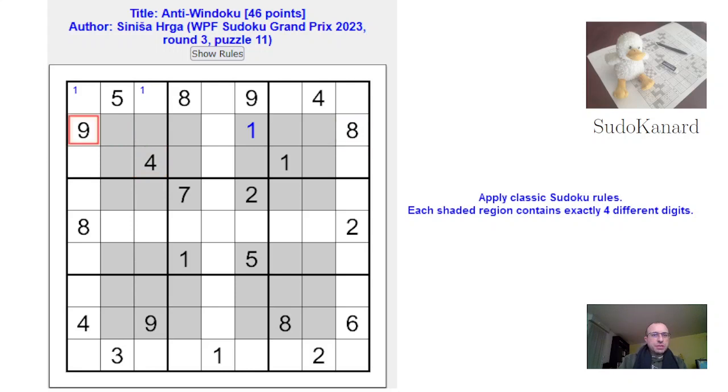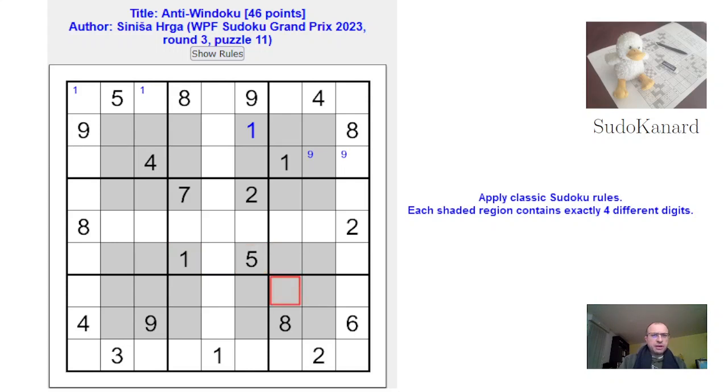We can also see that with those 9s there has to be a 9 somewhere here. And something else I'm seeing is that this digit here could be a 1, or it could be this digit. Right now I'm not seeing how to do better than that.